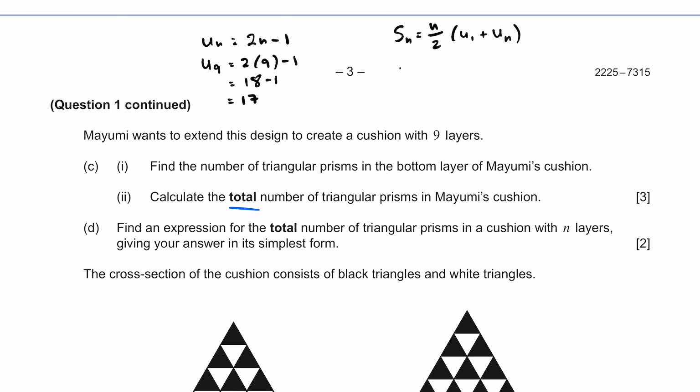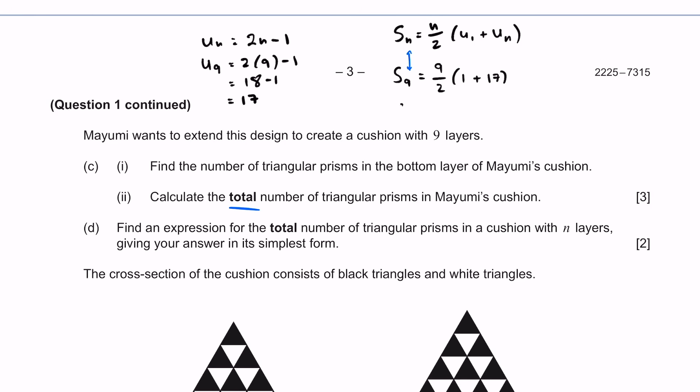In this case, we want to find the sum of the first 9 terms. Wherever we see an n, we'll replace it with 9. So n, in this case, the number is 9, number of terms, number of layers. u1, value of the first term, is again one triangle in the very first layer, plus 17 triangles in the 9th layer. So remember, u9 is 17.